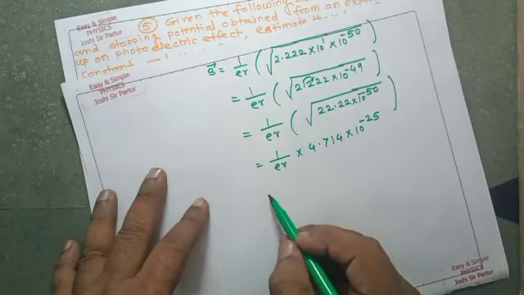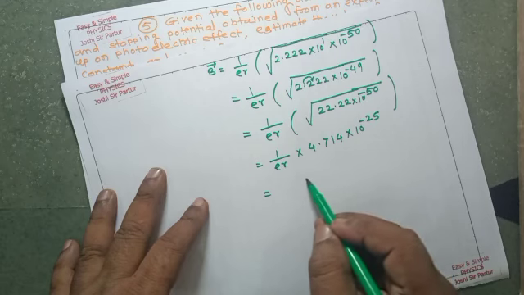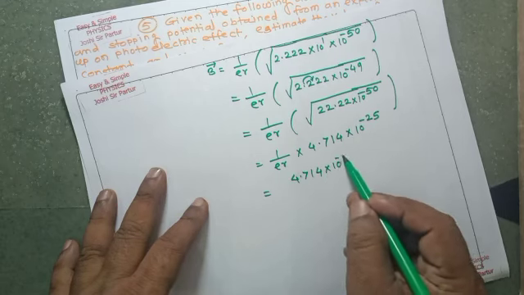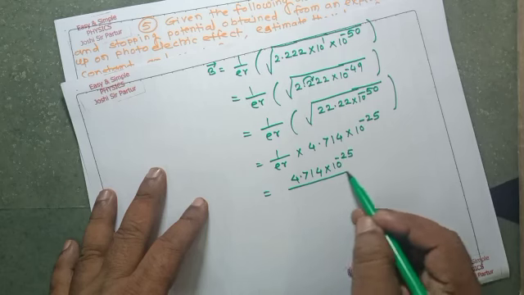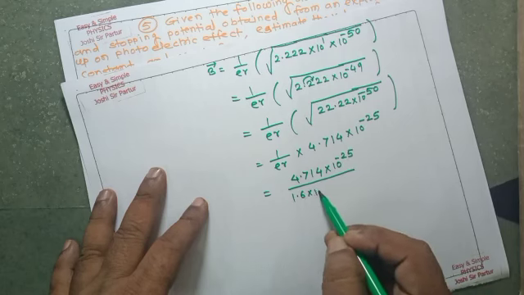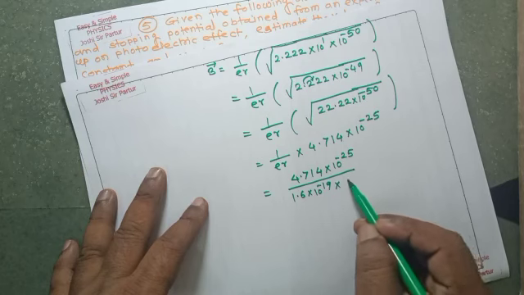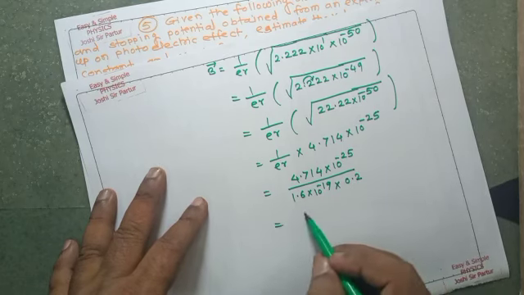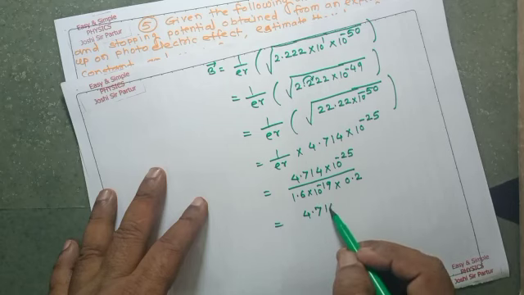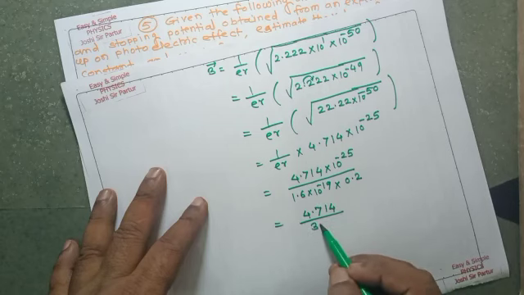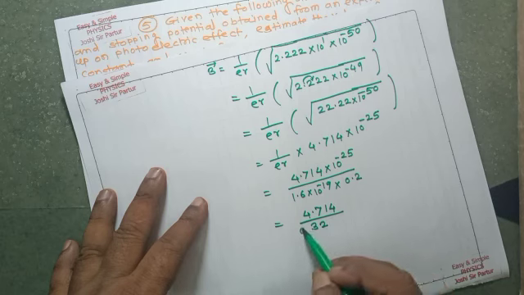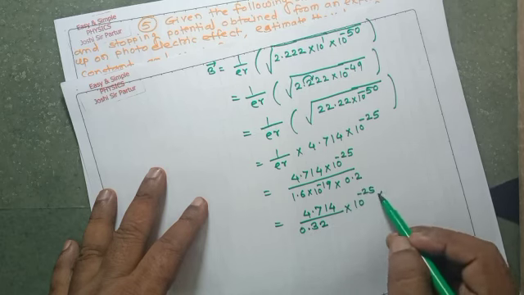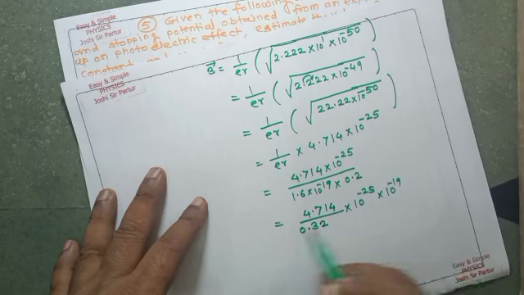Here if we substitute the values, 4.714 into 10 to the power minus 25 upon 1.6 into 10 raised to minus 19 into 0.2. So it will be 4.714 upon 0.32 into 10 to the power minus 25, minus 19 in the denominator.